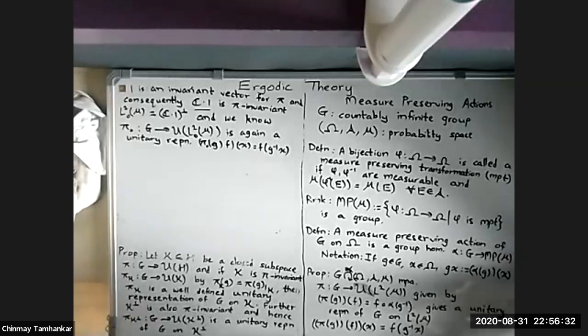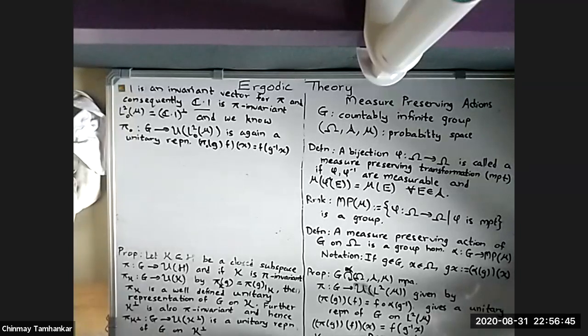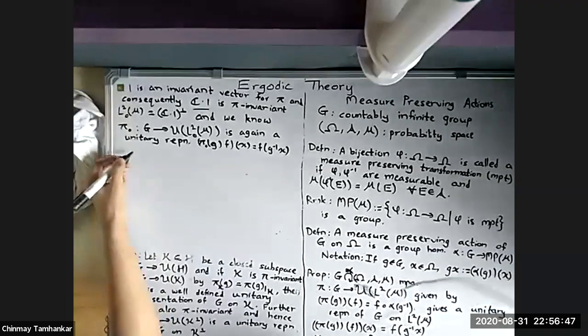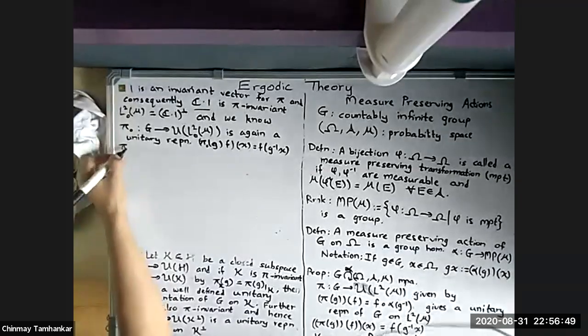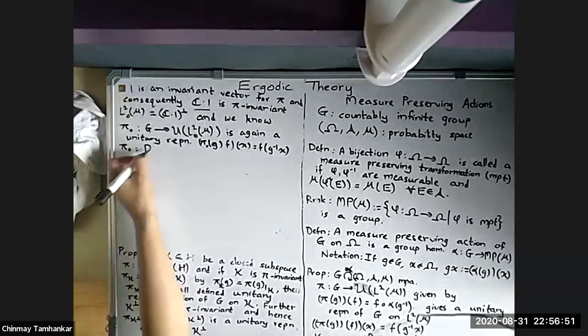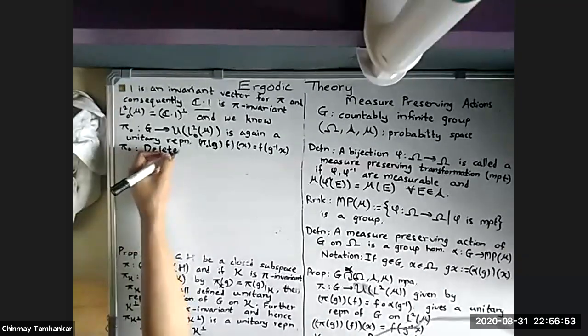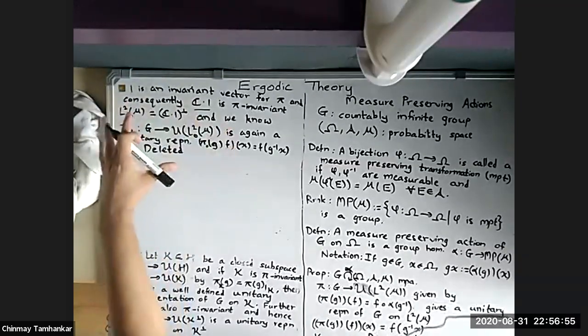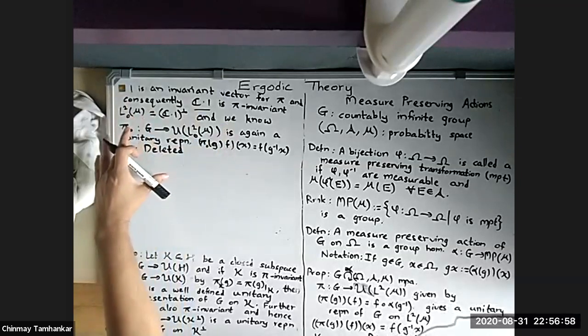So this representation pi has a name. In standard literature, it's called the Koopman representation, and this pi naught we'll refer to as the deleted Koopman representation. This is one part which I forgot to mention last time.